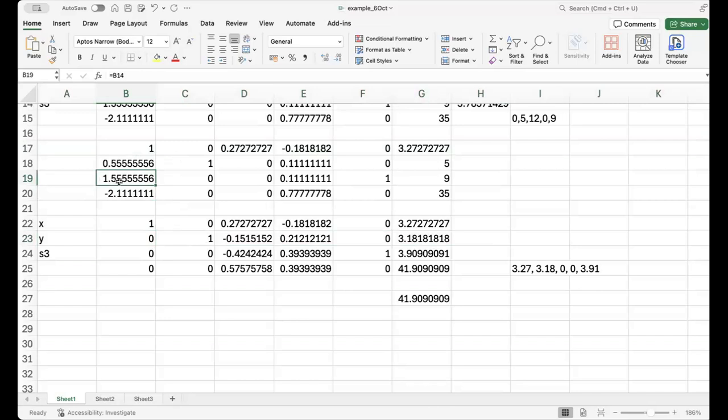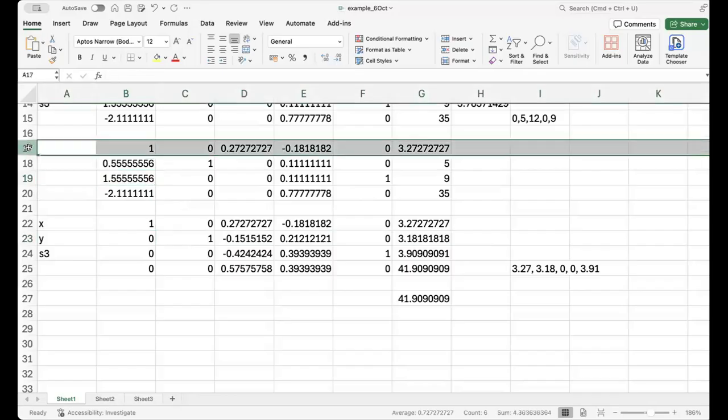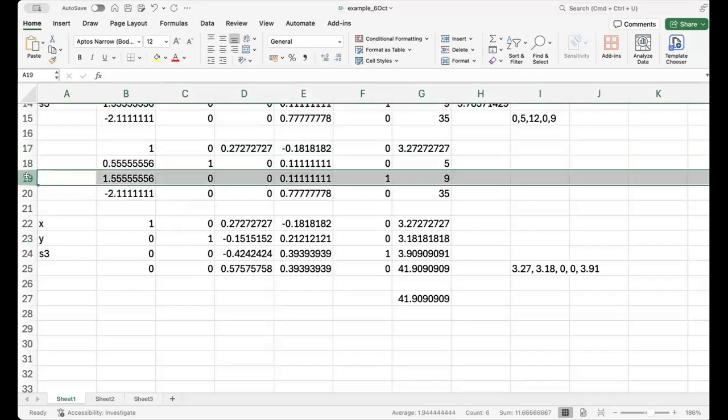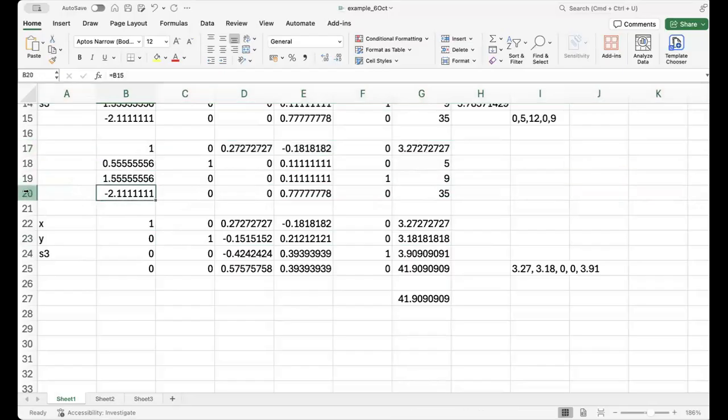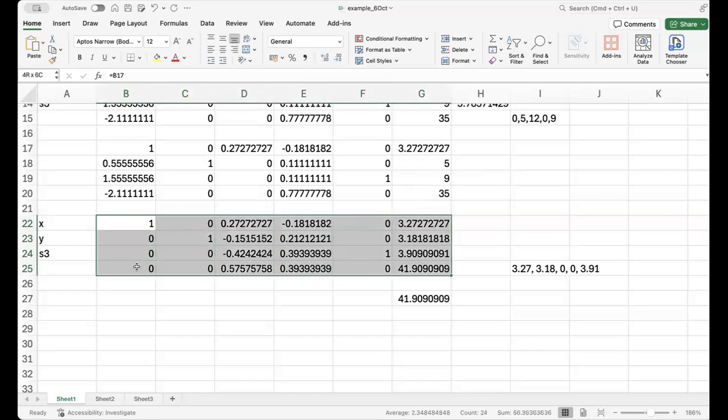You multiply 1.555556 to this row and you subtract this row. Then you multiply this row with this value, minus 2.111, and subtract this row, and you obtain 0. Do it yourself. Finally, you get this table.